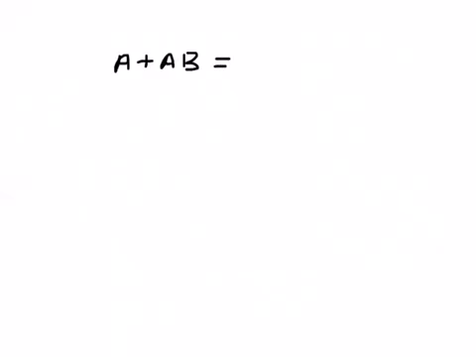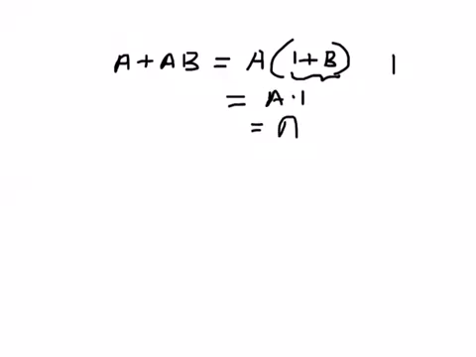What we can do is take 1 plus B. Since 1 plus B is 1, as we saw, because it's an OR option and one of them is 1, the output is always A dot 1, A and 1, so the output is A. That's how it is. This Boolean identity mostly comes from understanding, and we don't need to remember all the laws.